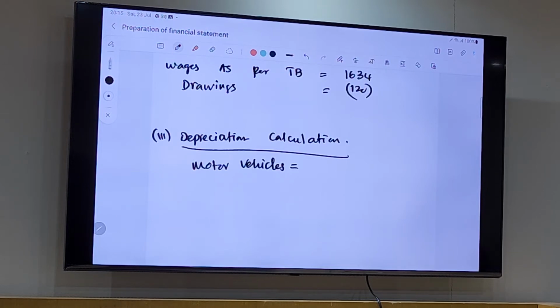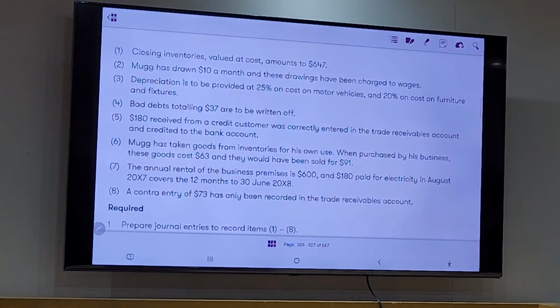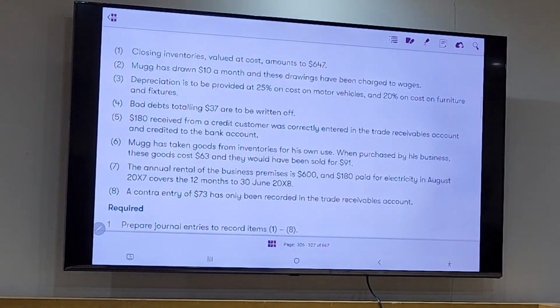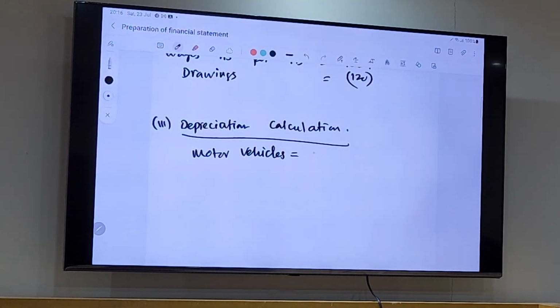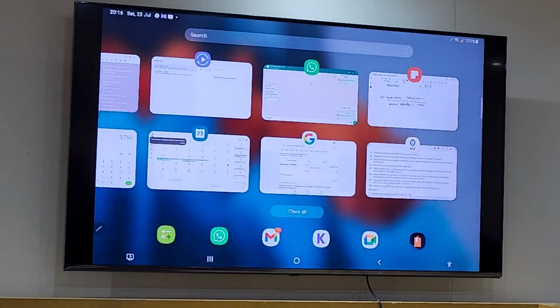What is the policy? 25% on cost, meaning straight line method or reducing balance method? Straight line method. So what is the cost of the motor vehicle? 1740. Are you sure? Yes.